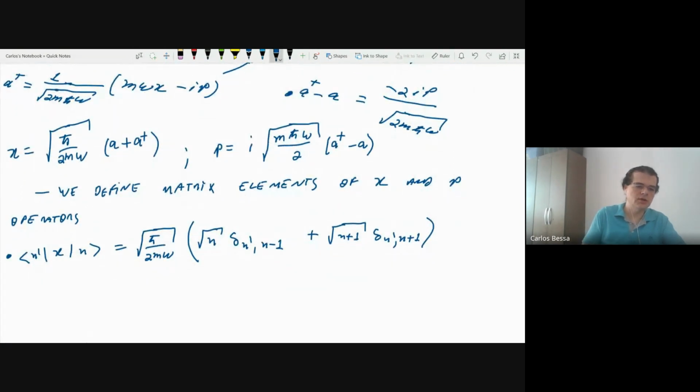So this is n, and the same for p will be n prime p, and the constant, just repeat, m h bar omega over 2, and using the definition of the deltas.